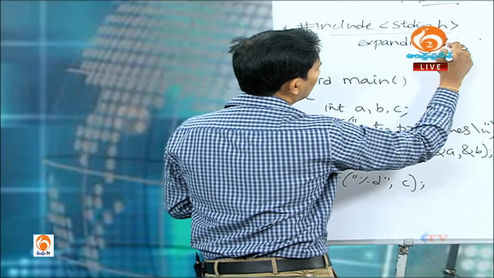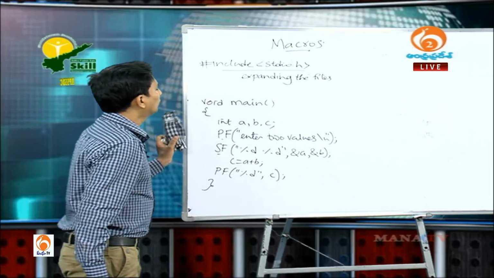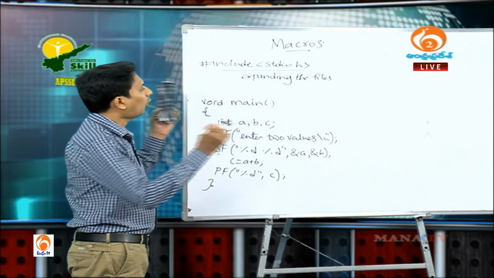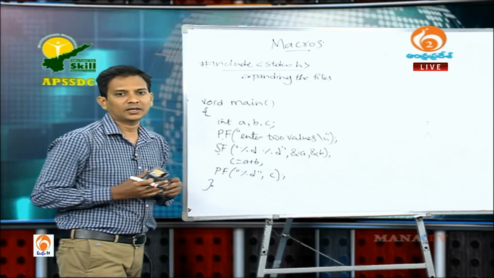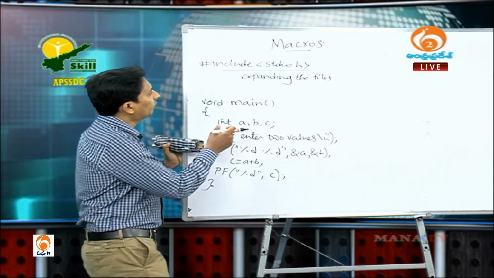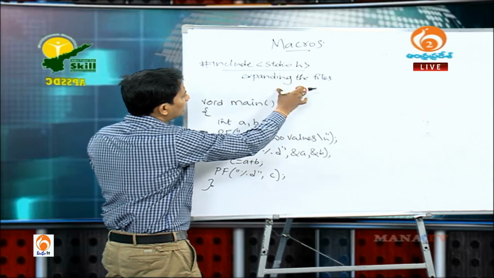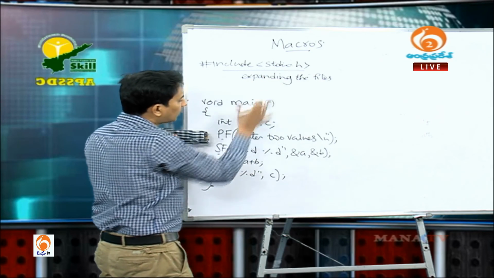Wherever this file is there, all the code is expanded into the current program, substituted. Whatever functions are available in stdio.h, all of them are substituted into the current program.